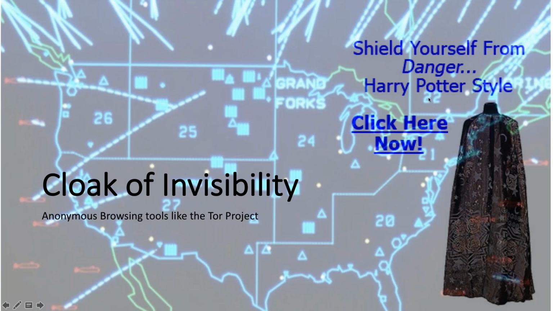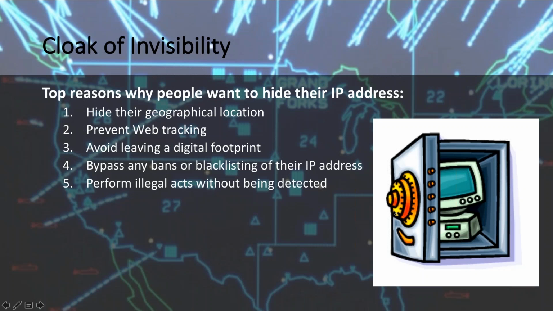So the cloak of invisibility, and so how can we do anonymous browsing through the Tor project or tools like the Tor project to kind of make ourselves a little bit more invisible where people don't know who we are? So there's a lot of reasons, and some of the main reasons that you want to use this way to hide yourself is really to hide your geographical location.